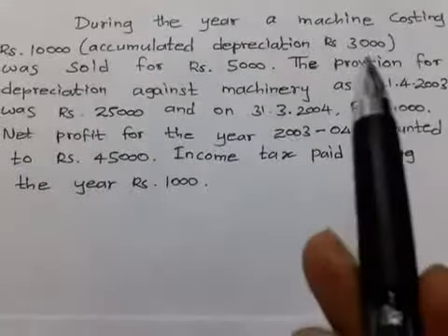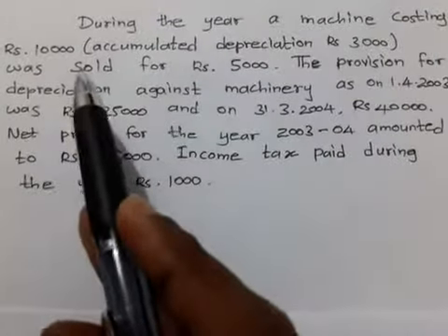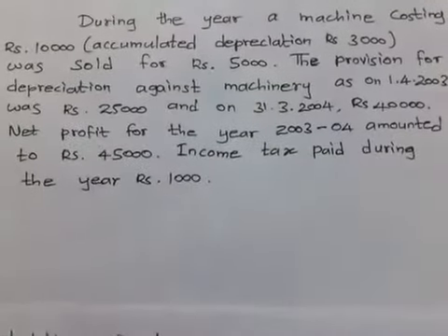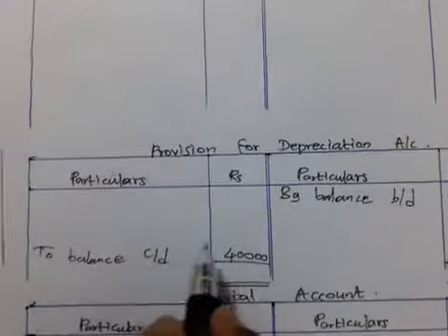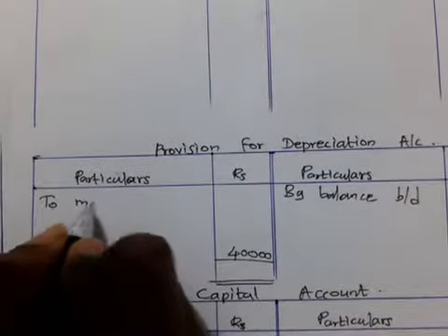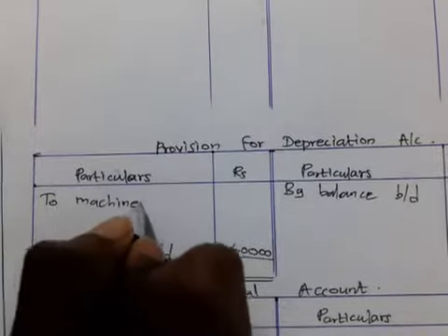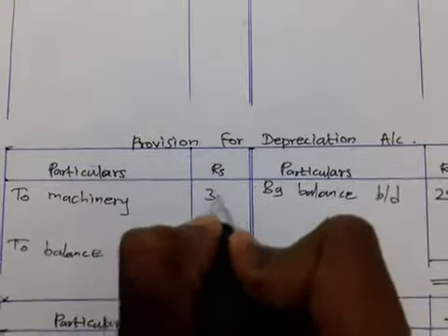This 3,000 accumulated depreciation was for the 10,000 asset, so it has been sold already. So we have to deduct this accumulated depreciation from the provision for depreciation account. To machinery account 3,000.